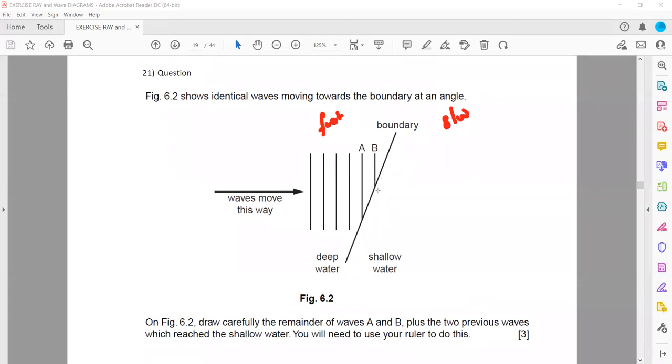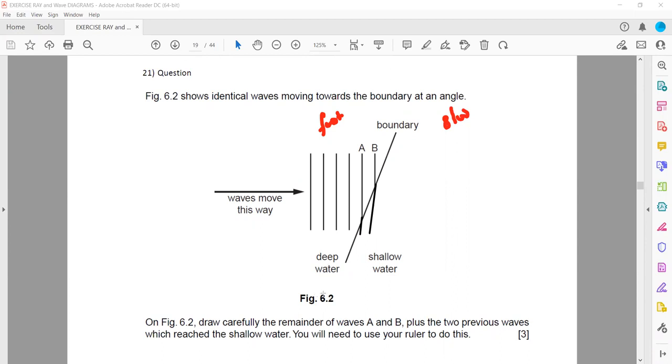For example, if the wavefronts are traveling at the same speed, they should be exactly the same distance apart. If the wavefront is traveling faster, it should move ahead in this manner. But because it is traveling slower, it will lag behind. As a result, when we complete the figure, it will appear like this.